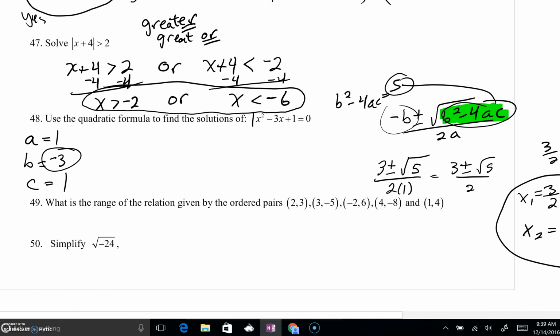Guys, number 49, the range is simply the y values. This is going all the way back to chapter 2, I believe. And you'll have all these y values. You could write in a little bracket 3, negative 5, 6, negative 8, and 4.